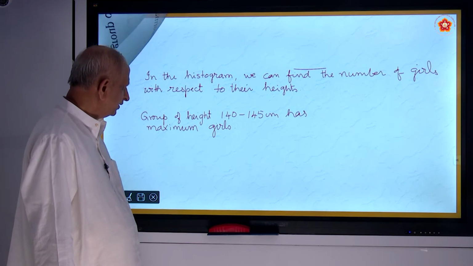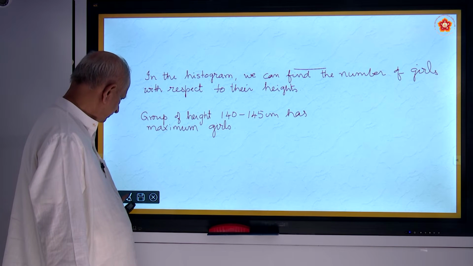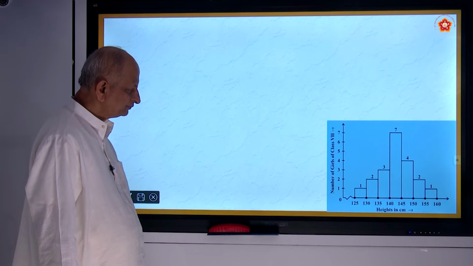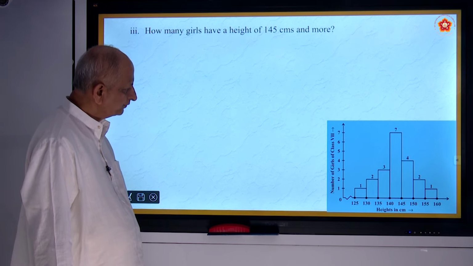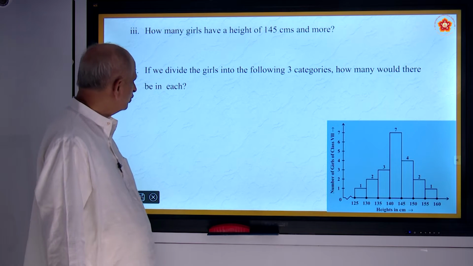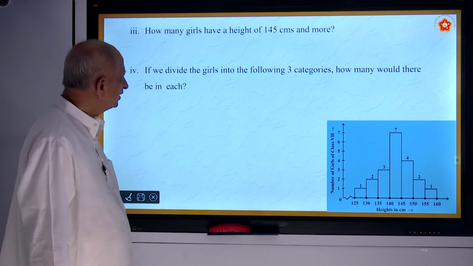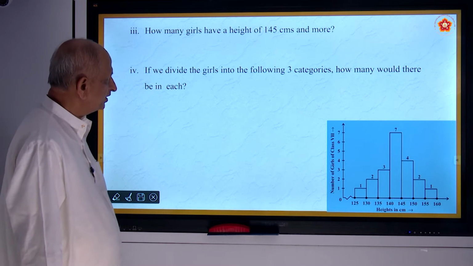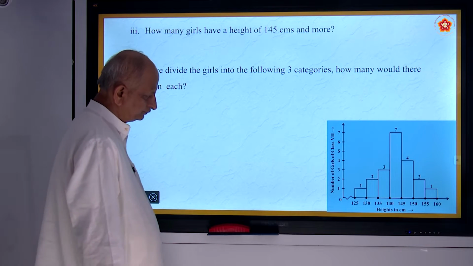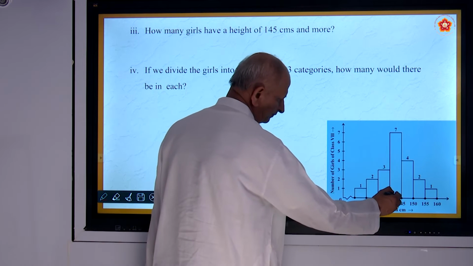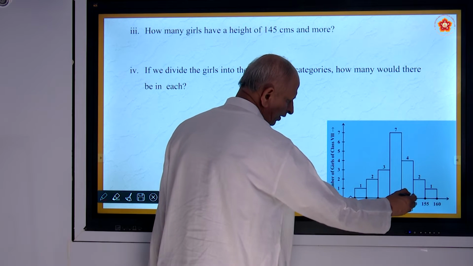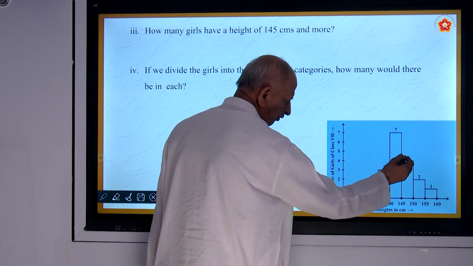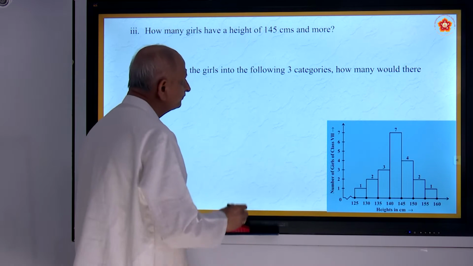Okay, and now coming to today's topic. Now two more questions here. How many girls have a height of 145 centimeters and more? See, 145 is here. So above 145, how many are there? 4 plus 2 plus 1. 4 plus 2 is 6, plus 1 is 7.